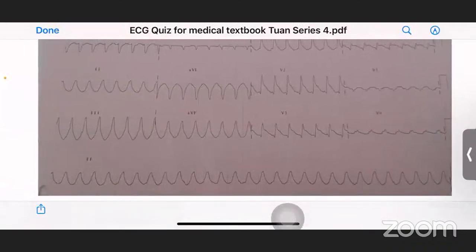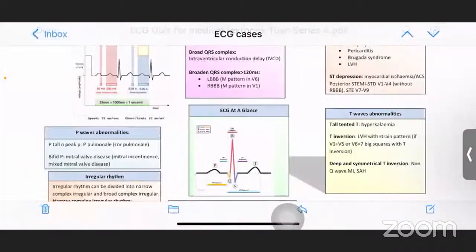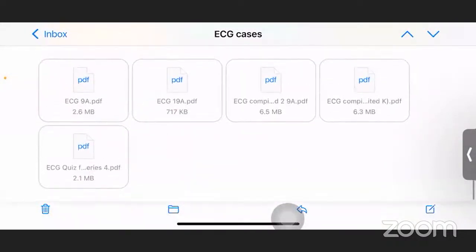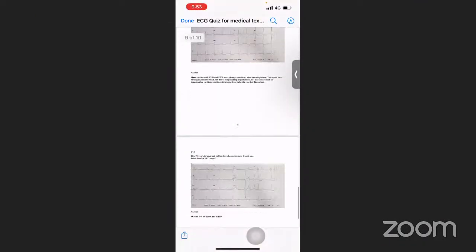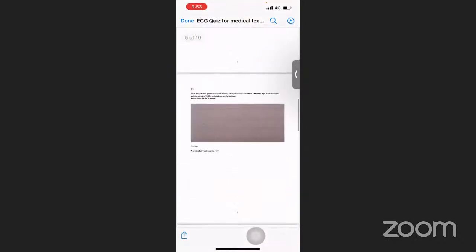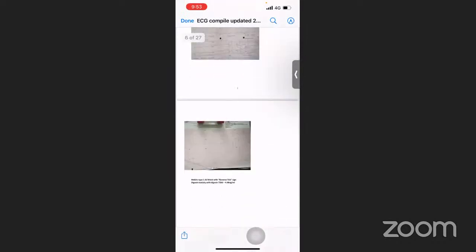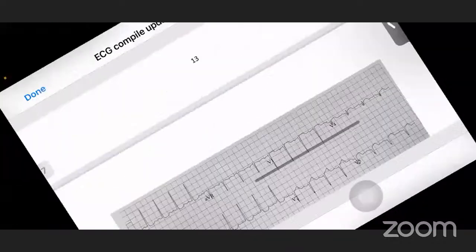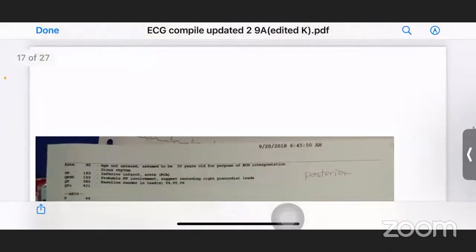All throughout you have broad complex, regular and tachycardia. Wait, I'll show you the LBBB. Sorry, just now I think I opened the wrong one for you. Do I have the LBBB?